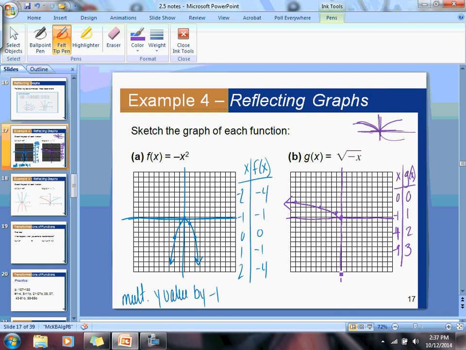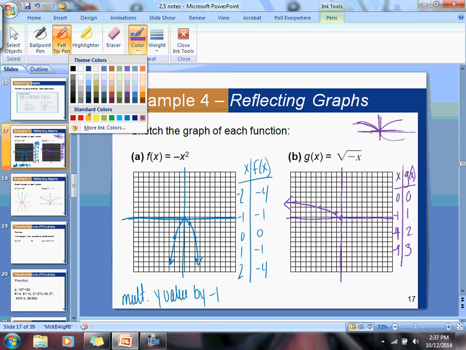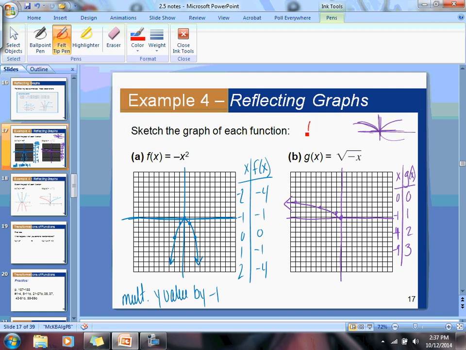Because originally, if I started with f of x equals the square root of x, that would have gone over here. Now it's been reflected across the y-axis. So what that did was it changed all of my x values. It's like I multiplied my x values in my table by a -1.